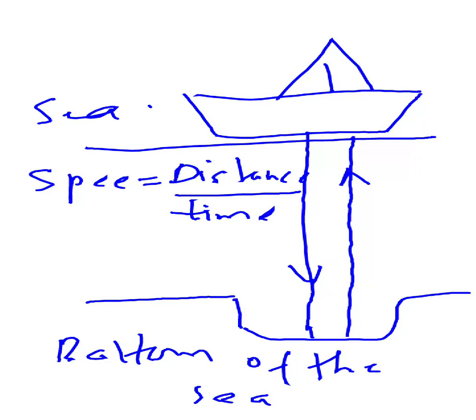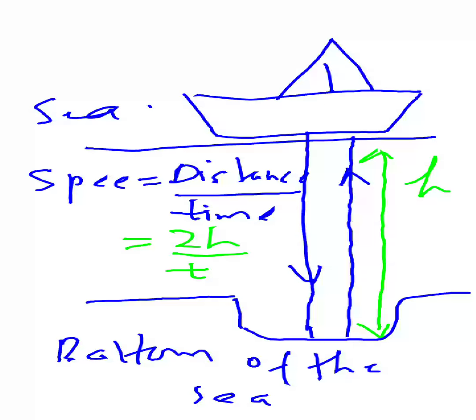So you're measuring the time. So what would be the distance? Distance would be, suppose this whole distance is h. So what will be the distance? 2h. Okay. And time, which you have already measured.